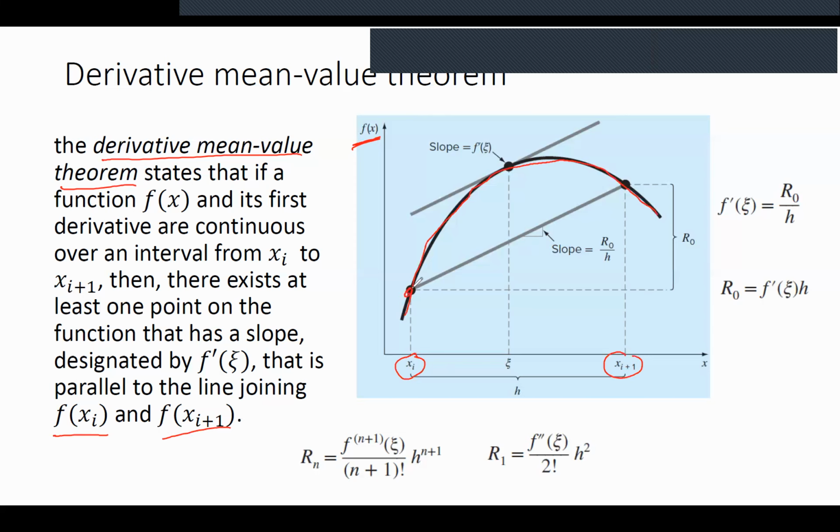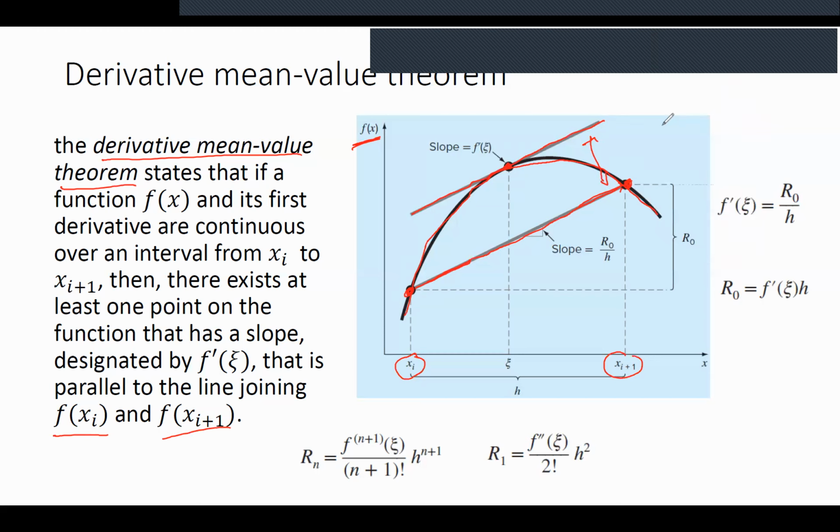So we are given this x_i and x_{i+1} and draw a line here. And there is a point on this curve where the slope, so the tangential line at this point, is parallel with this one.